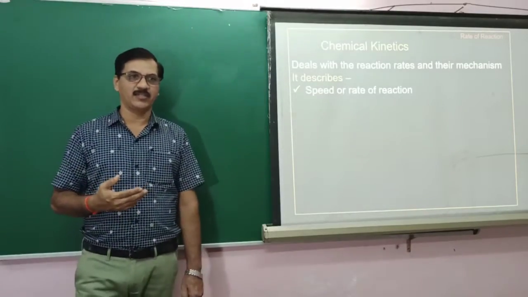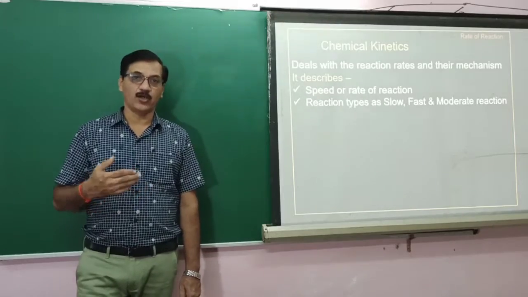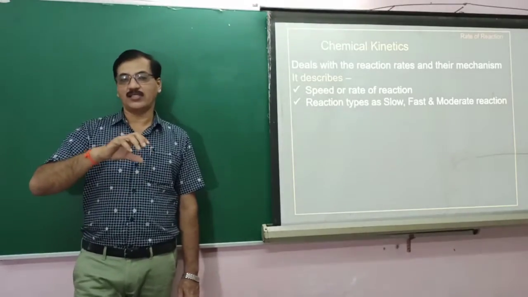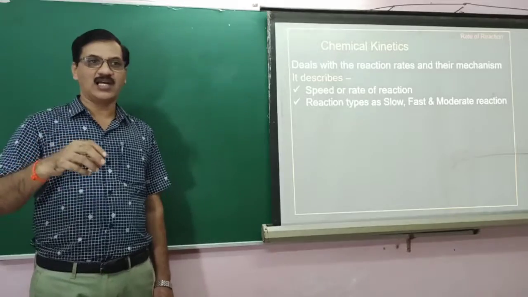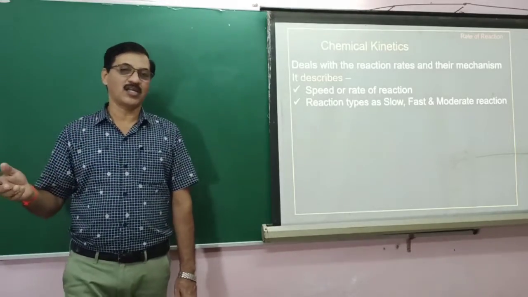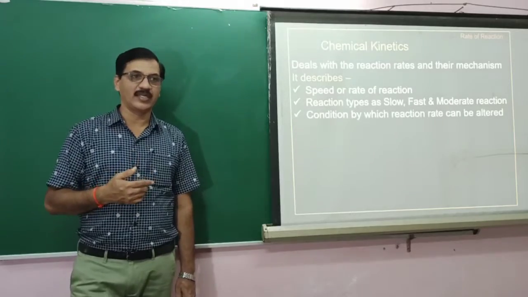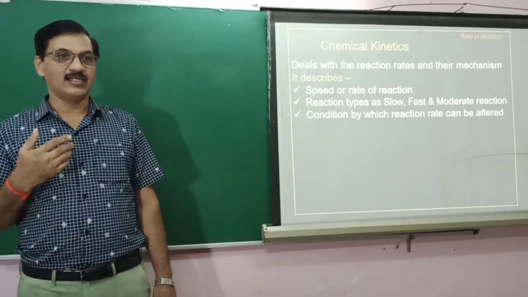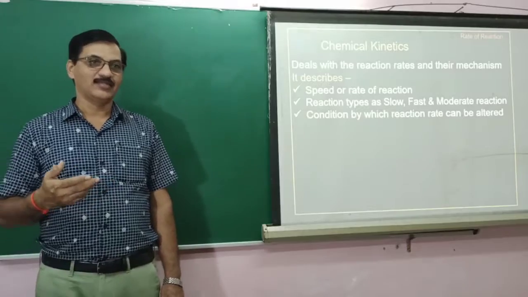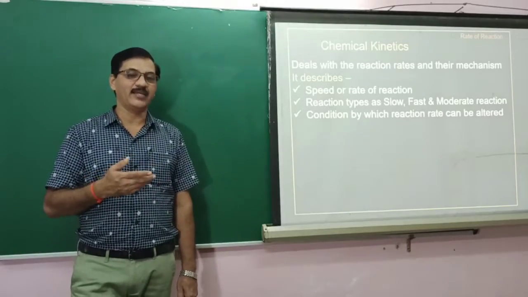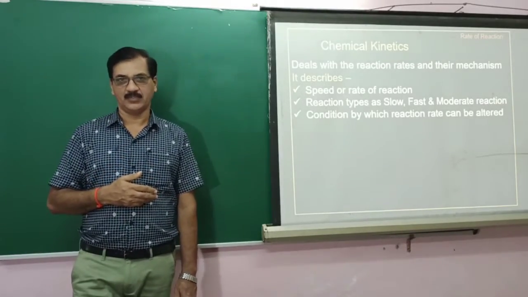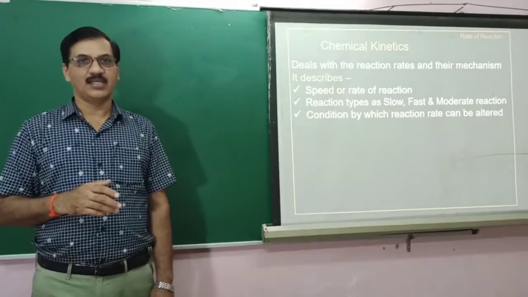It deals with the speed of the reaction. It also deals with whether reactions are slow, fast, or moderately slow, and with the conditions by which the reaction speed can be altered. This is the scope of chemical kinetics.